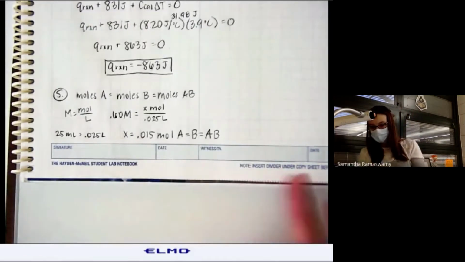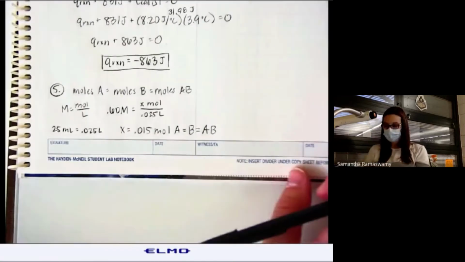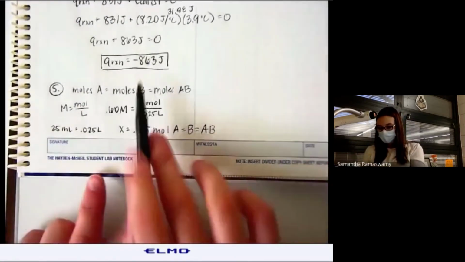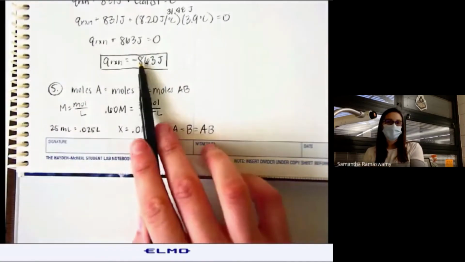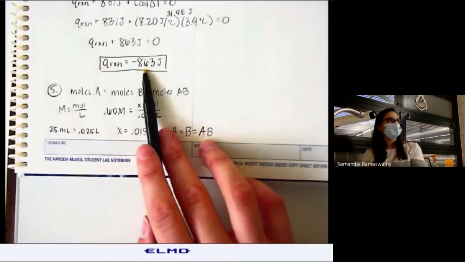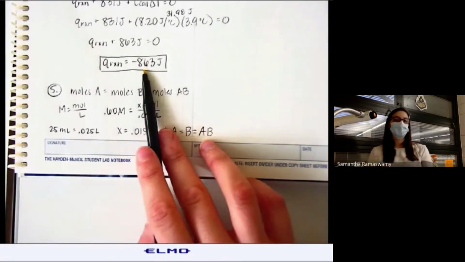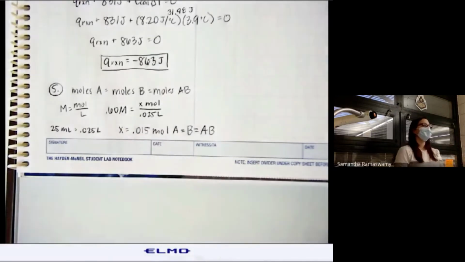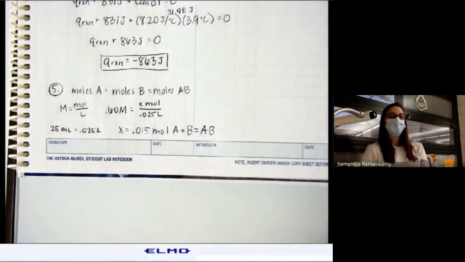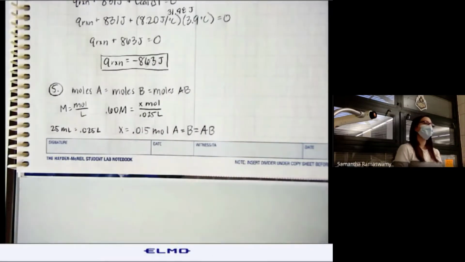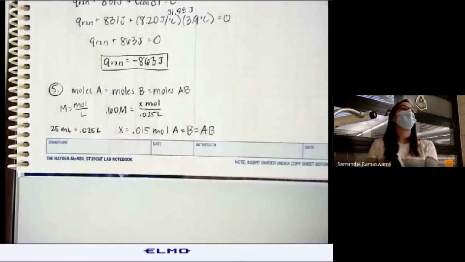So now it wants kilojoules per mole. That's what delta H is. So I'm going to take my Q and put it in kilojoules first. 863 joules is how many kilojoules? Divided by 1,000.